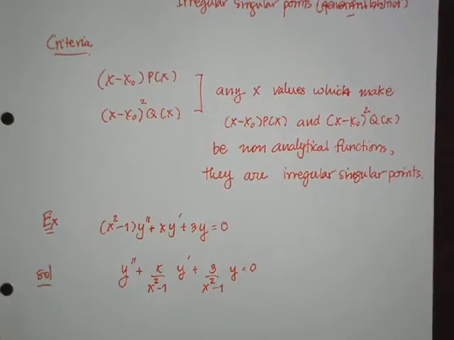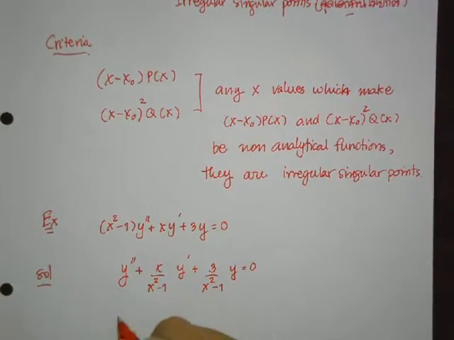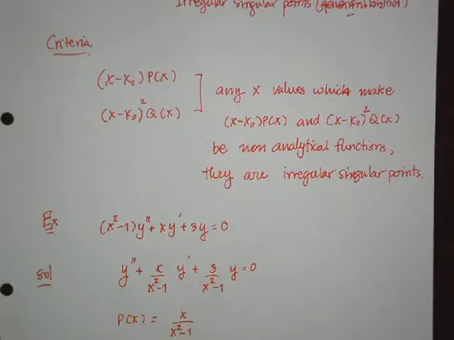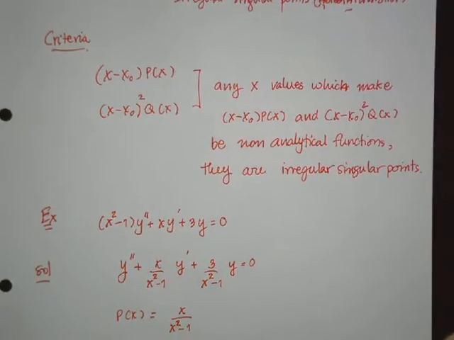So from this, we know that our Px is equal to x over x squared minus 1, and our Qx is equal to 3 divided by x squared minus 1.